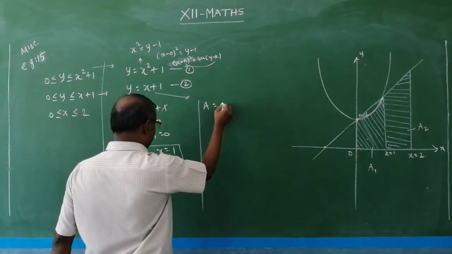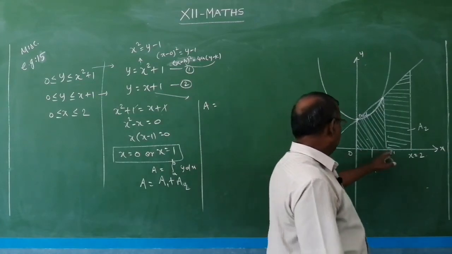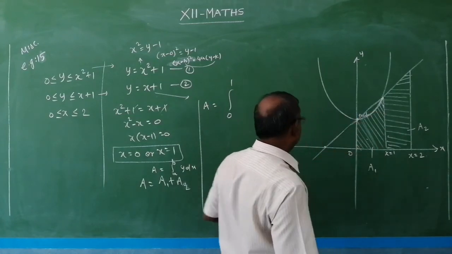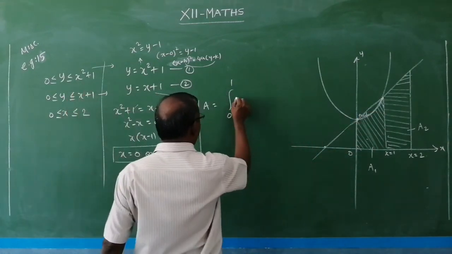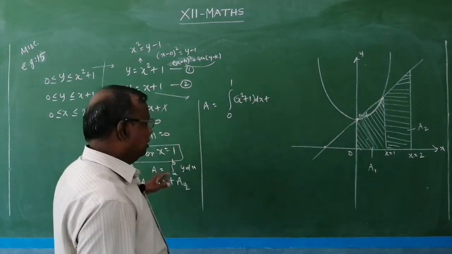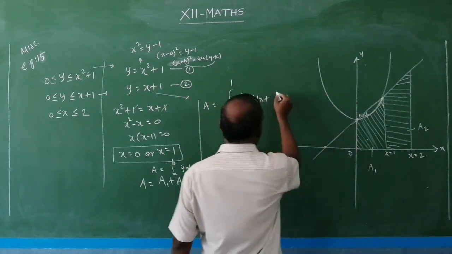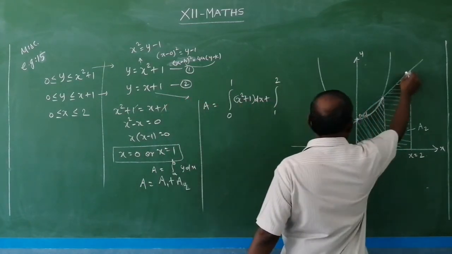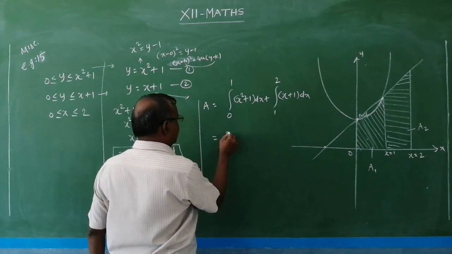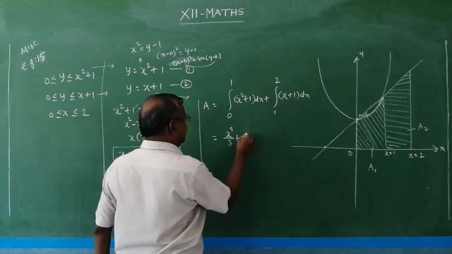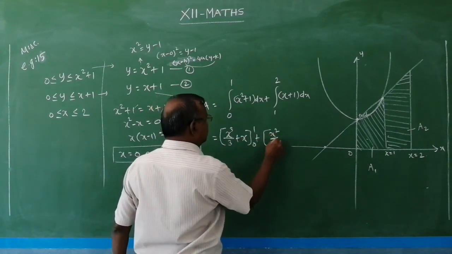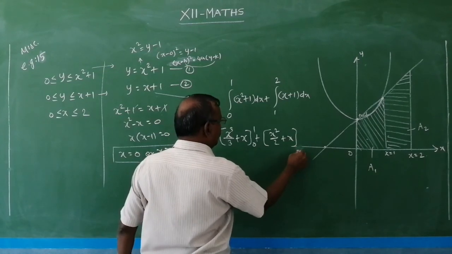A1 is the integral from 0 to 1 of the area under the curve, y = x² + 1, that is (x² + 1) dx, and A2 is under the line from 1 to 2, that is the integral from 1 to 2 of (x + 1) dx. This equals [x³/3 + x] from 0 to 1 plus [x²/2 + x] from 1 to 2.